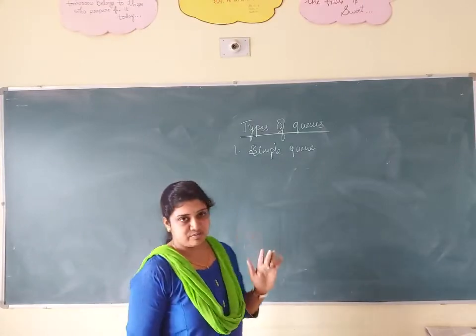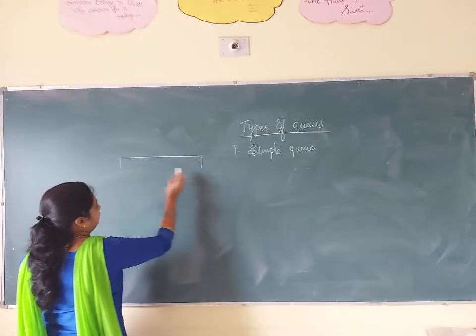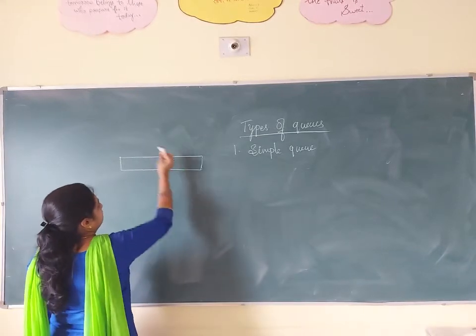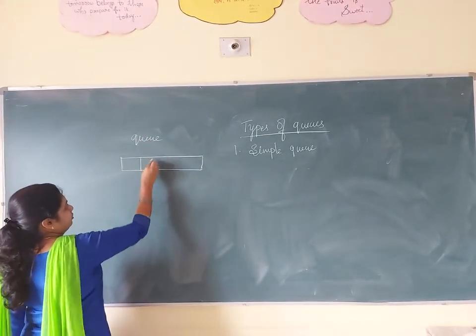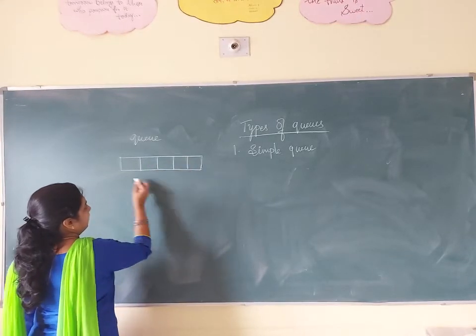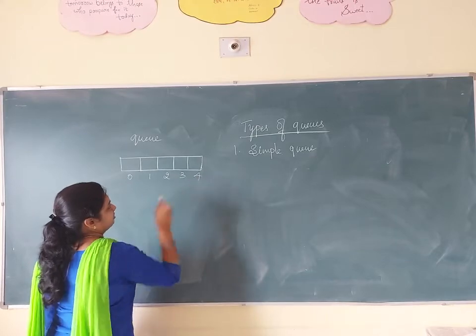As you know, simple queue and queue are the same. Consider a queue with positions 0, 1, 2, 3, 4.